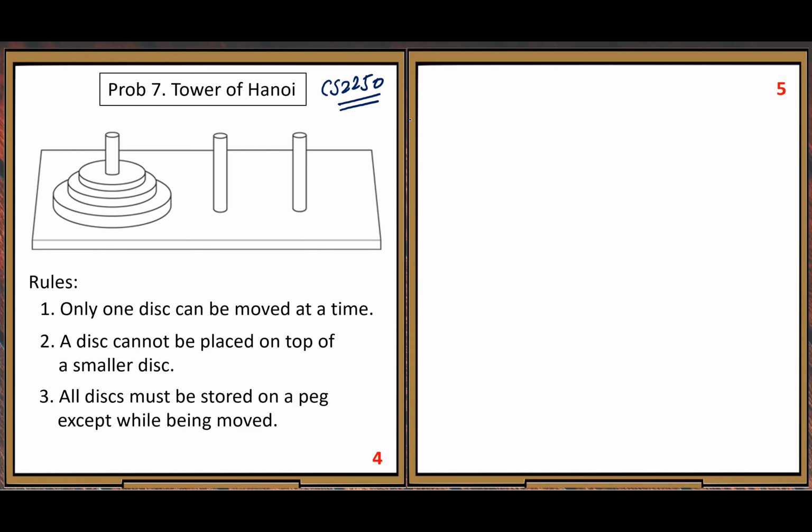Then solving it is non-trivial. For the 3-disk puzzle, for young kids, it's non-trivial. For us, it's very simple. But our goal is to solve the n-disk problem, and that's non-trivial.